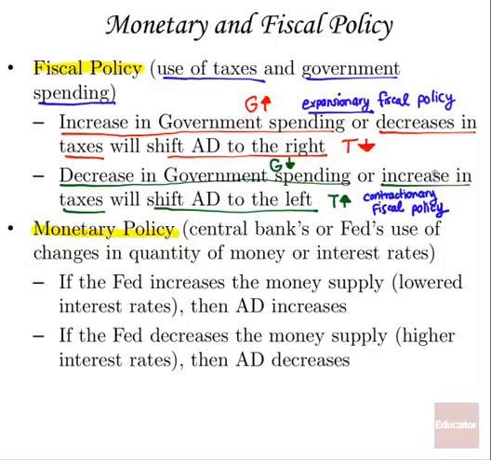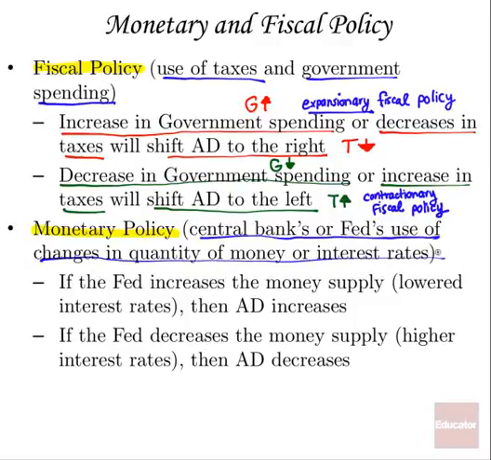So that's basically, in a nutshell, what fiscal policy is. It's the government's use of spending and taxes to influence output. Expansionary is either lowering taxes or increasing government spending, and contractionary fiscal policy is either raising taxes or lowering government spending. And monetary policy is the central bank's, or the Fed's, use of changes in the quantity of money or interest rates.